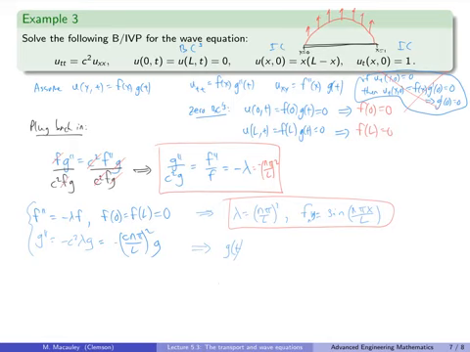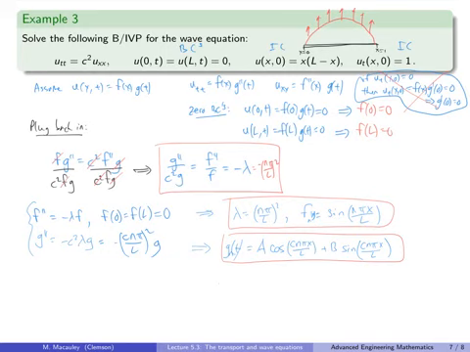So g of t equals a cosine of c n pi t over L plus b times sine of c n pi t over L. It's much easier when L is equal to pi here, because then these pi's cancel and things just simplify. Okay, so that's g of t. All right, and let me call this g_n of t, because it's for a particular n.